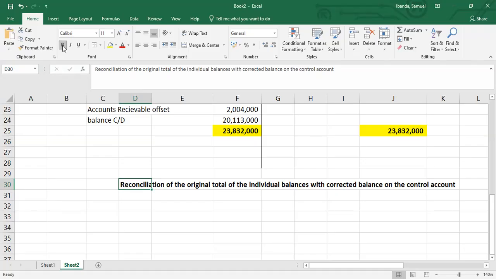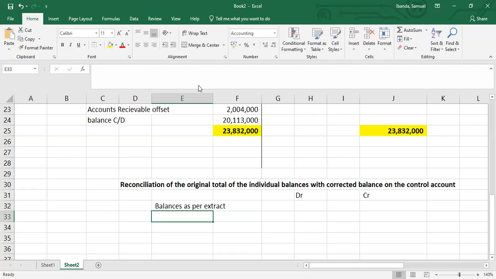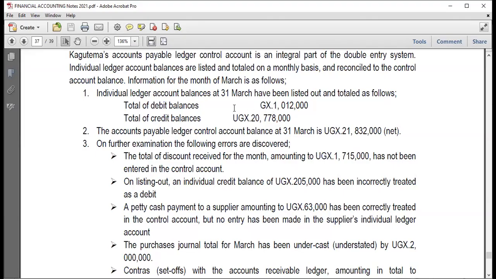Since I have debit and credit, I'll have my debit here, and then I'll have my credit. So I have balances as per extract. Now you remember what they gave us? They're saying the individual ledger, the total debits was 101,102.